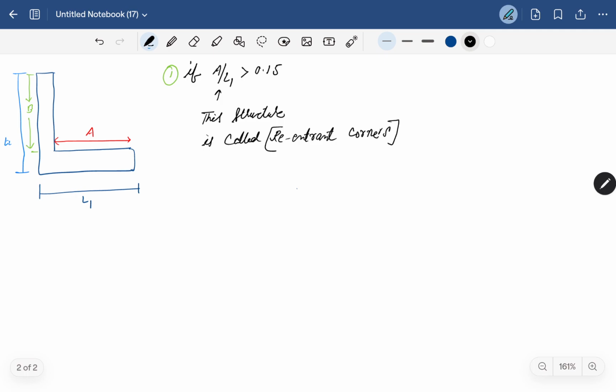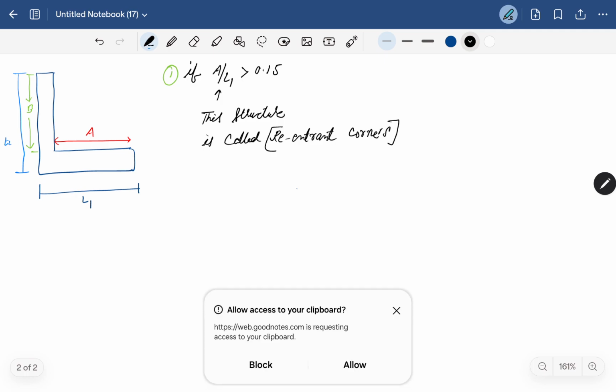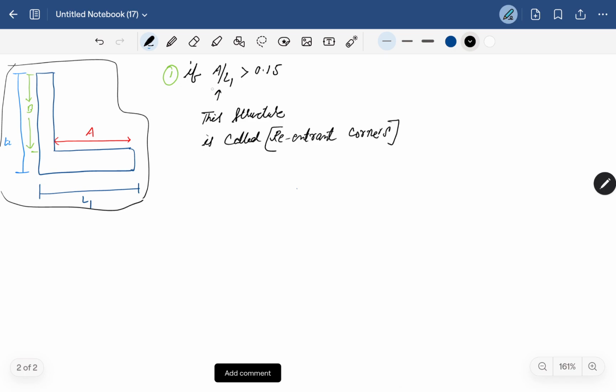So if the plan of your structure is like this, and the ratio of A by L1, meaning this length divided by this length, is greater than 0.15, then we say that this structure has reentrant corners.